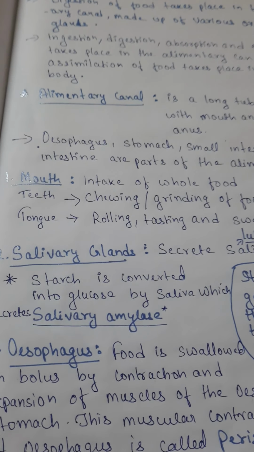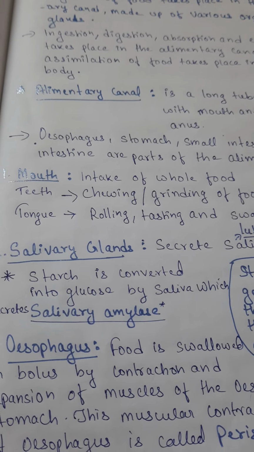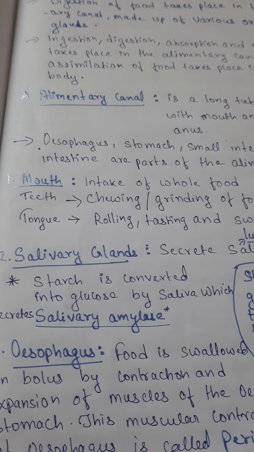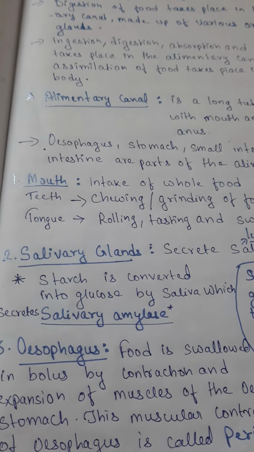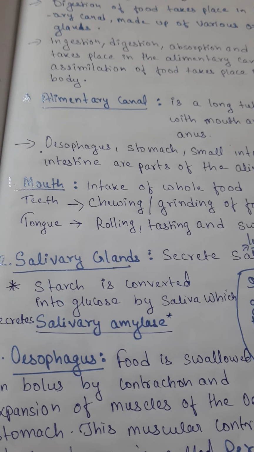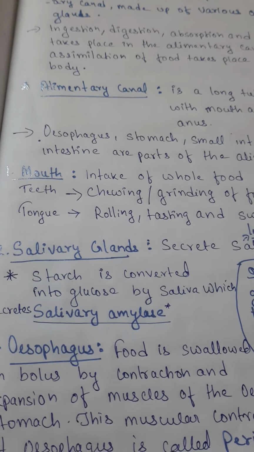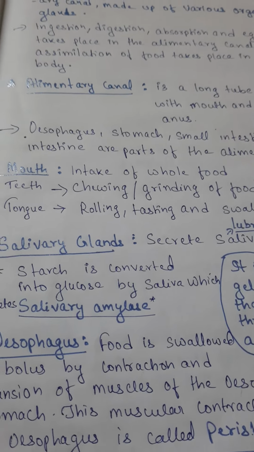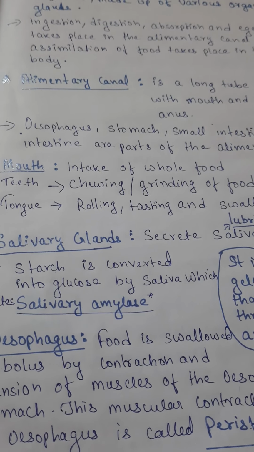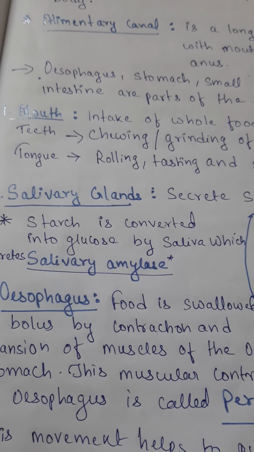But that is not only saliva, it contains mucus and salivary amylase too. Mucus also helps in making the food sticky, that helps in formation of bolus. And salivary amylase helps starch to convert into glucose. Don't forget that the process of digestion starts as soon as we put food in our mouth.